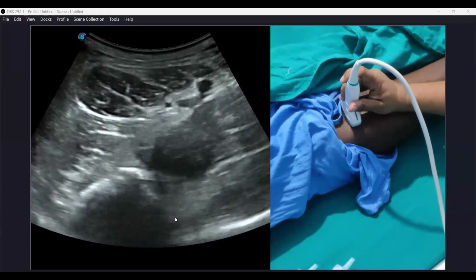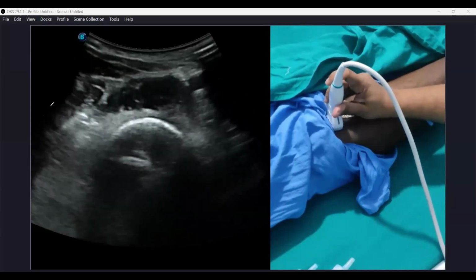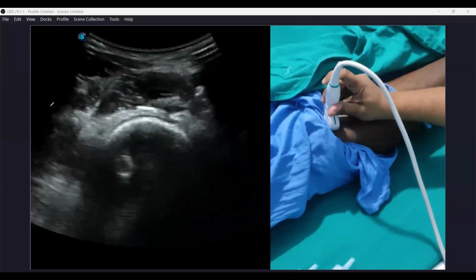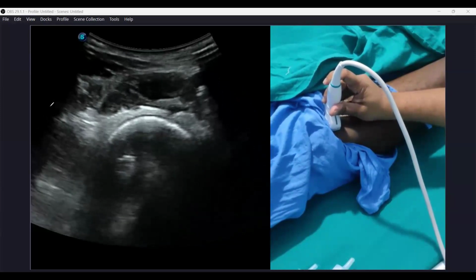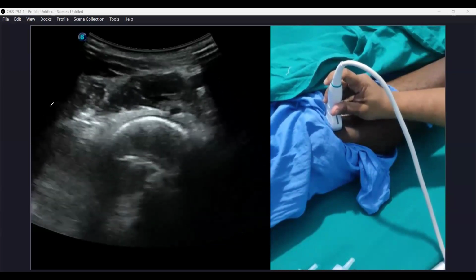I am moving up now. And as I moved up, I have reached a portion where we can see a portion of the femoral head. Still, my probe direction is not along the neck. Slightly my lateral portion is up.